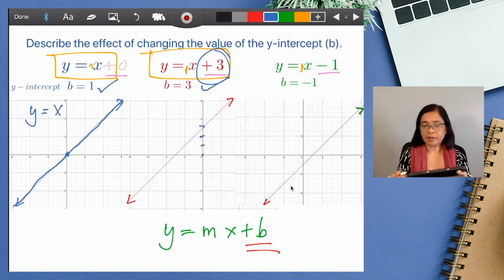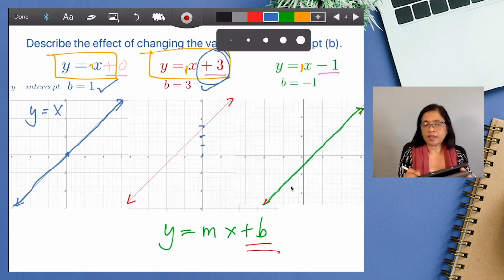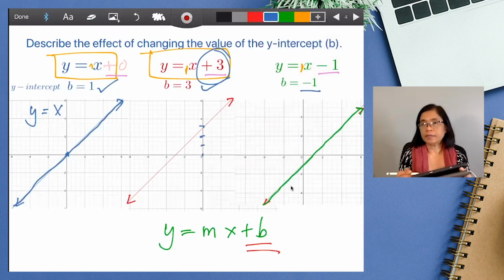And in the third line, which is the line y is equal to x minus 1, the y-intercept is -1. So the effect of changing this parameter is a movement of the parent function.